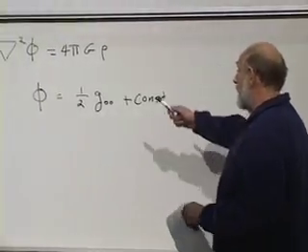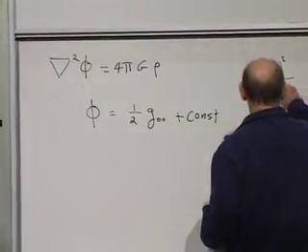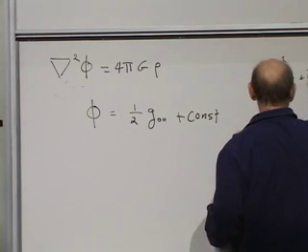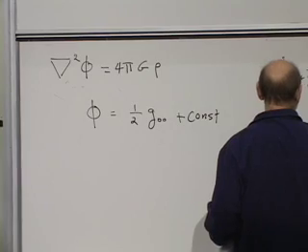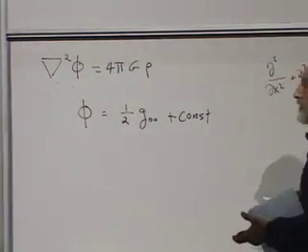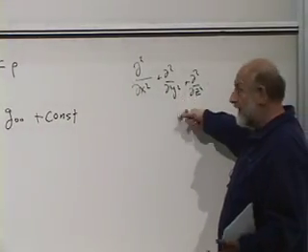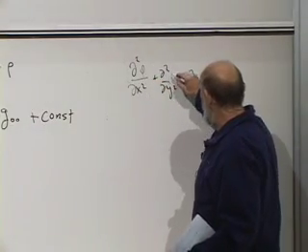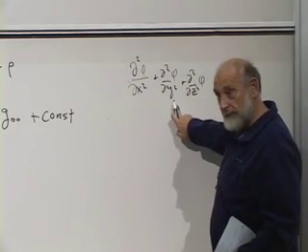What is this thing here? It's the second derivative with respect to x plus the second derivative with respect to y plus the second derivative with respect to z. What it says is that some are positive and some are negative. It doesn't say that each one of these is 0.